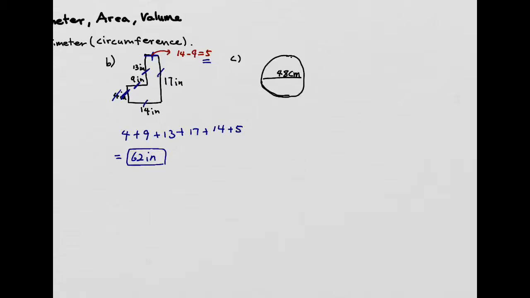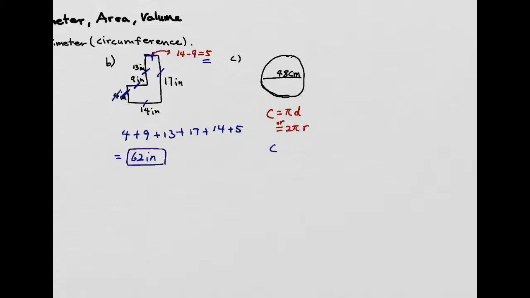Either C equals pi D, or C equals 2 pi R. The first is for when you're given the diameter, and when the radius is given, you use the second one. It looks like the diameter is given, so we're going to use the first formula.